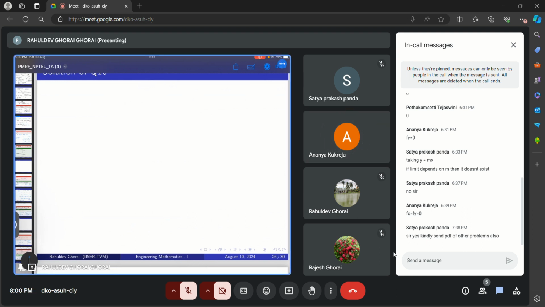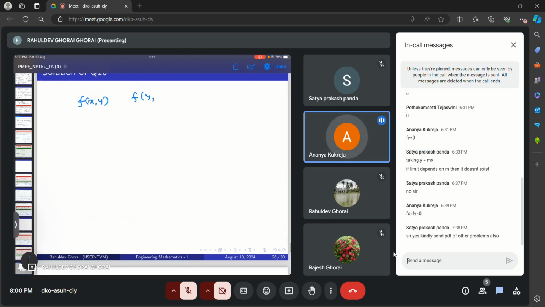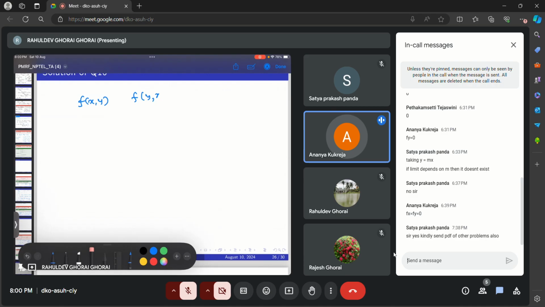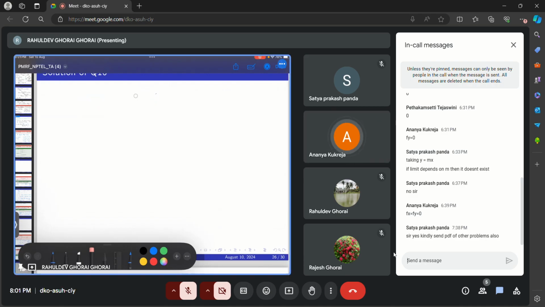Which one? f_xy and f_yx. When we differentiate it twice, so f_yx, f_yy. You understand differentiation. Suppose you want to find f_xy at (0,0). What will you do? The limit.